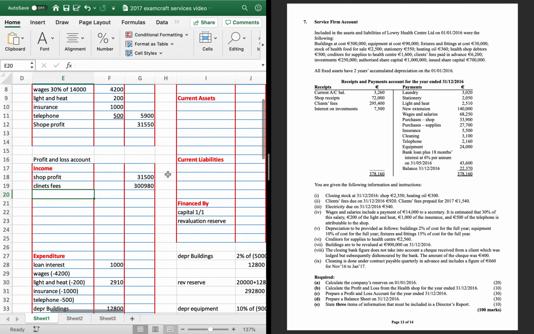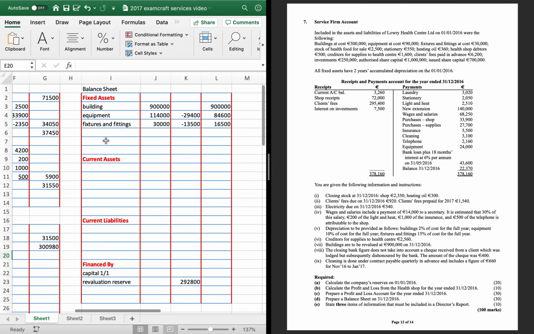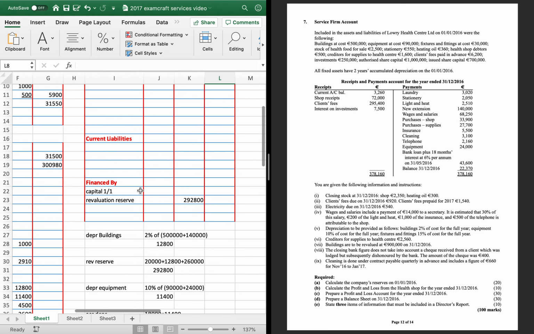Investments 250 are an asset. Now we know anytime there's investments, there's investment income, 7.5. It's not a rate, so we're all right on that actually. Normally it might say 10% investments, and then you would work out the rate and your interest and so on. In this case, it's given to us. Authorized share capital 1 million.